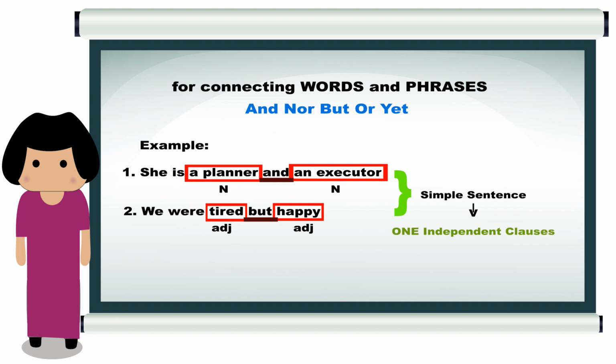An independent clause could be one subject and one verb, or 2 subjects and 1 verb, or 1 subject and 2 verbs, or 2 subjects and 2 verbs. In these sentences, they only have 1 subject and 1 verb. That is why they are called simple sentences.